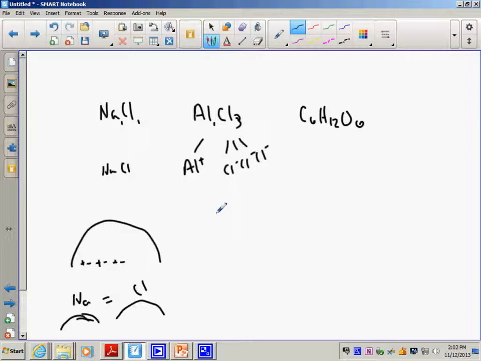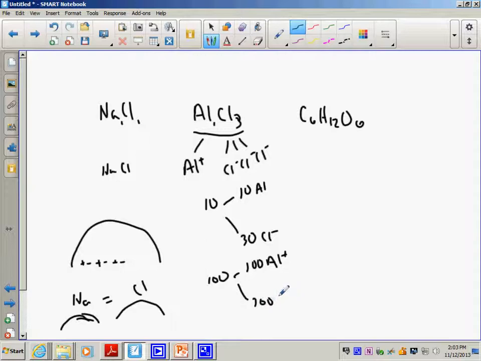That if I have 10 of these guys here, okay, that means I have 10 aluminums and I have 30 chlorides. Same proportion, 1 to 3. 40 total or 4 total. If I have 100 of these guys, I'm going to have 100 aluminum atoms, and I'll have 300 chloride ions. So that is holding true.